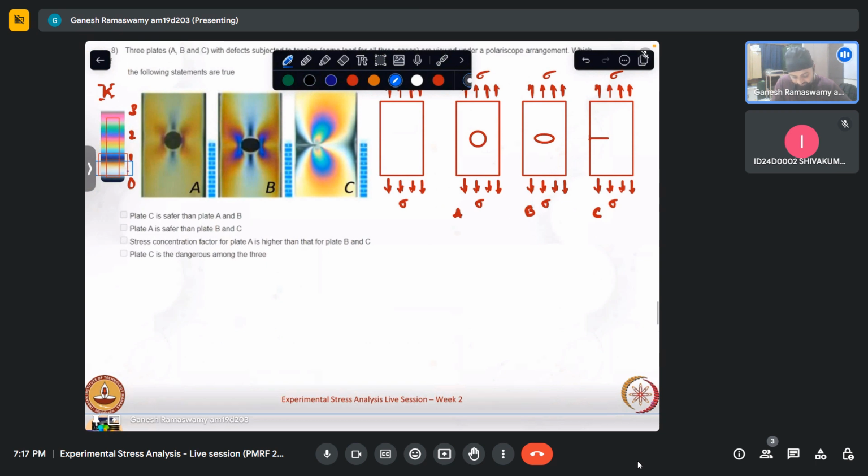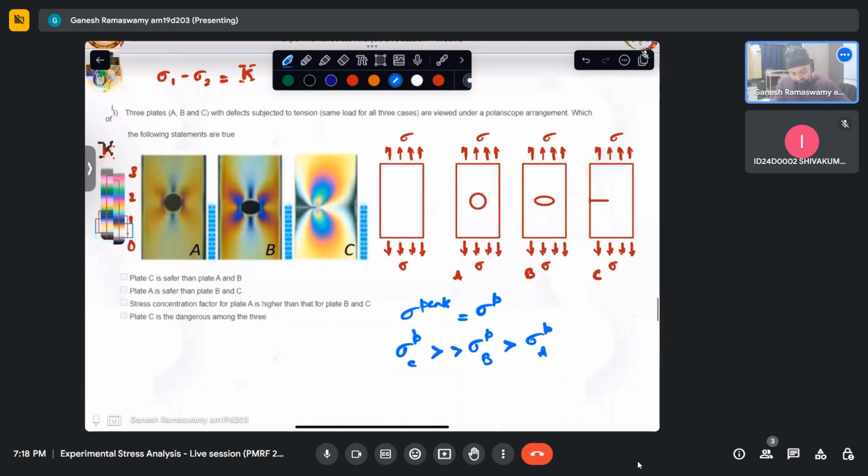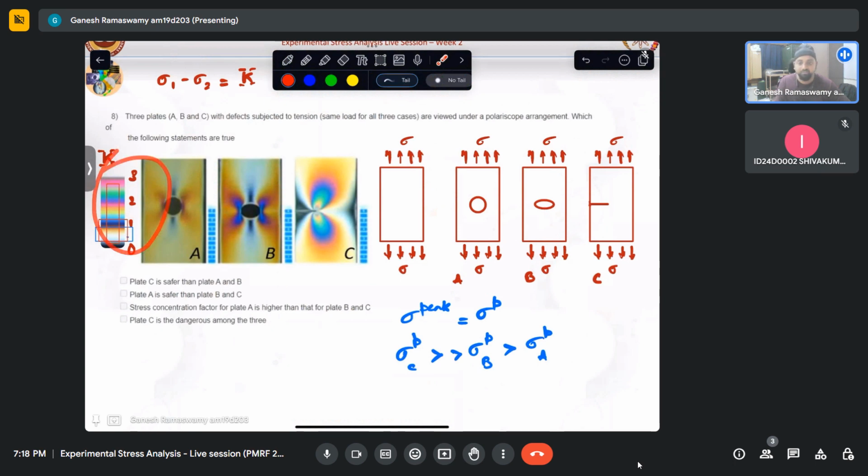Plate C is safer than plate A and B. Naturally, stress in C, if I say peak stress, let me represent it by sigma P. So, we know that sigma P in C is much greater than sigma P in B, which is greater than sigma P in A. With this discussion, we have deduced this.